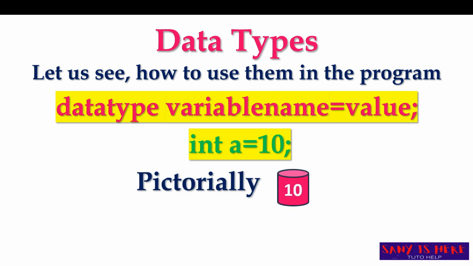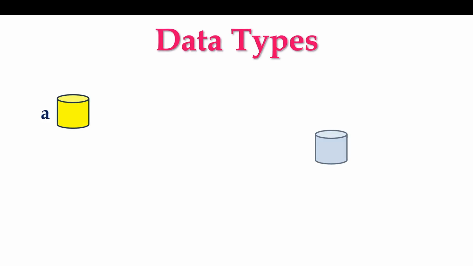Or you can see a is a variable which is holding integer type of value because you have declared it as int. Simple. Got it? Or I will show you some of the scenarios.